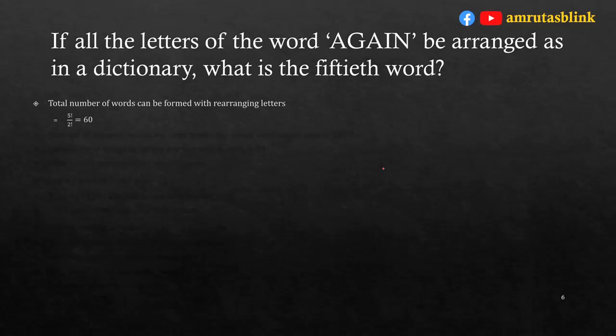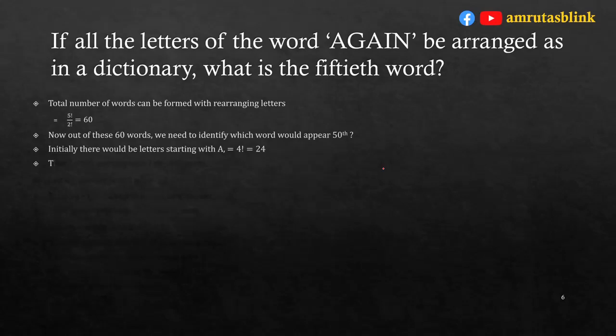So ultimately we can make 60 words, and let's suppose if these 60 words are arranged in the form of dictionary, then what would be the 50th word that we need to find out? These words are arranged in the form of dictionary. That means all these words are arranged alphabetically.